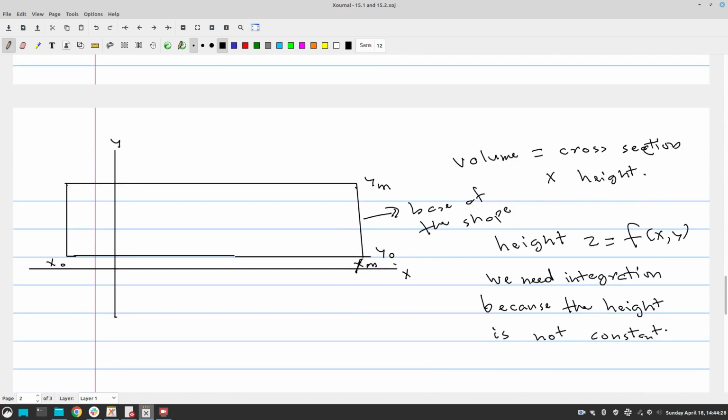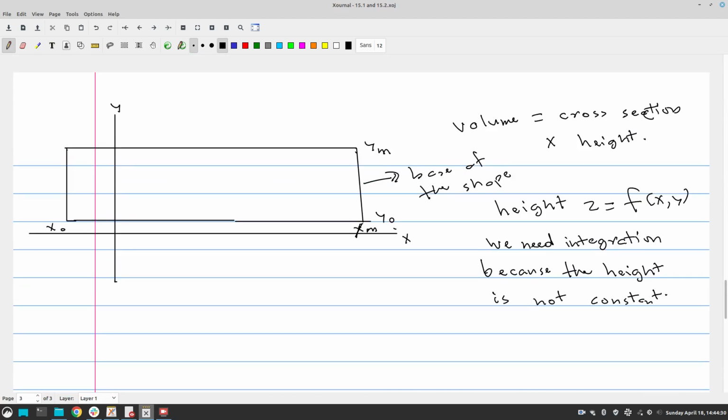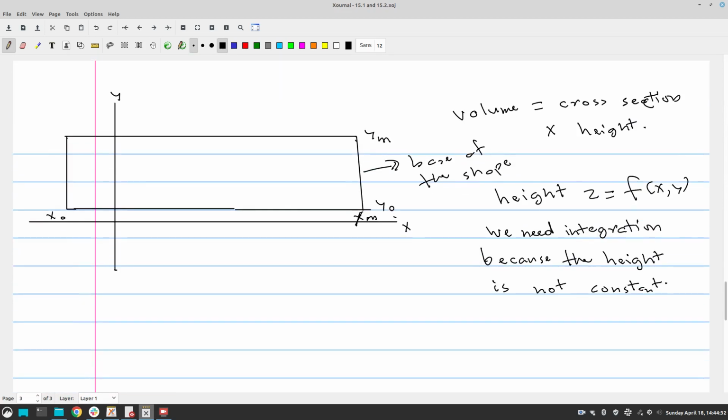So here's what you do. First thing you do is you divide. How do we find the volume?